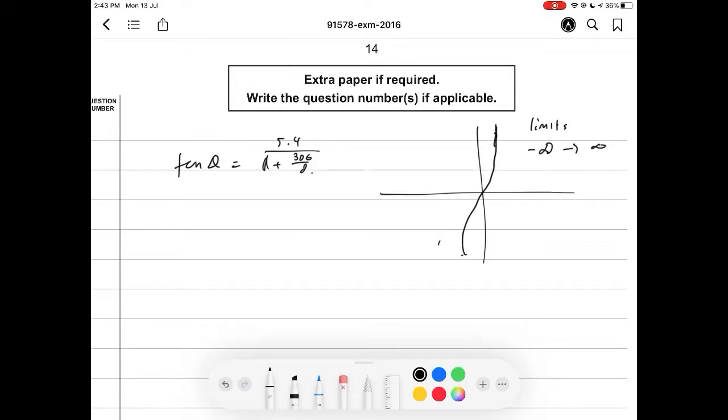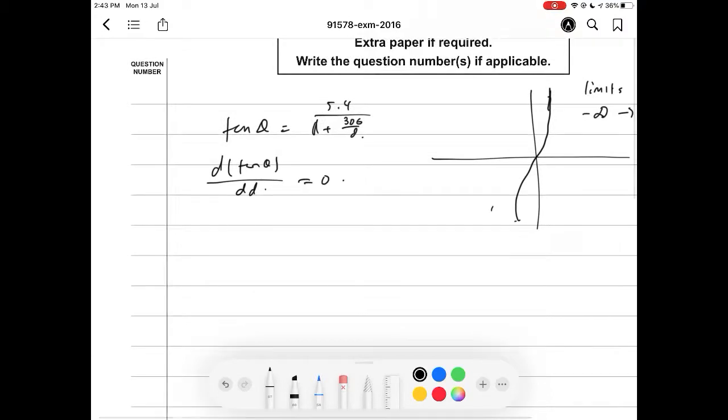So in this case, we can see that our maximum occurs when the derivative of tan theta equals 0. So we can just say the derivative of tan theta over d, the distance, equals 0. In order to find the derivative, we're going to use the quotient rule because we have something over something else.